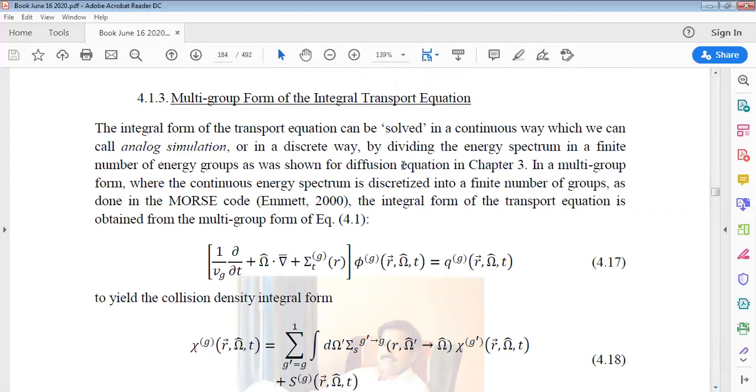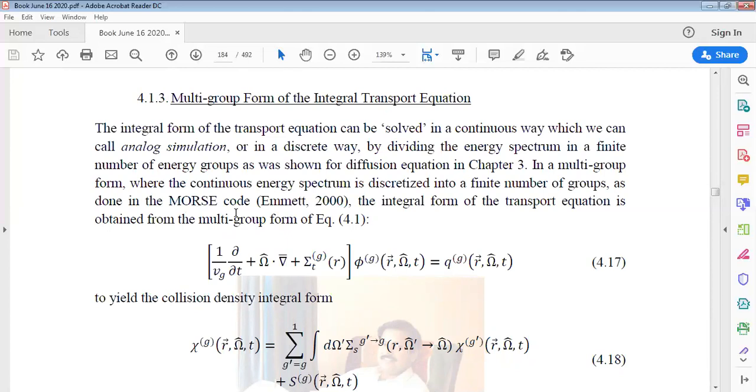Now, how you do that, and there are many codes. For example, the MORSE code, the multi-group Oak Ridge Stochastic Experiment. This was developed by the Oak Ridge National Labs, and this code is a multi-group code. I remember in my PhD when I got a listing of it and I used it.